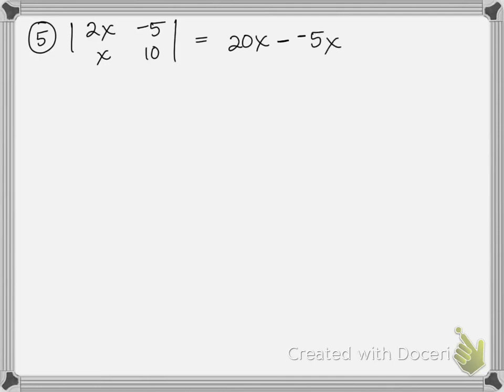Let's go over to number 5. You're going to find the determinant of matrix E. And this time they're putting variables inside of the determinant. Cross multiply, 2x times 10, 20x. I put the minus for my formula, and then -5 times x is a -5x.